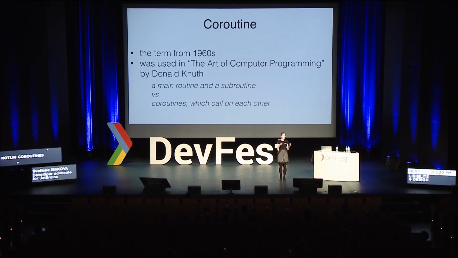At the very beginning, it was used to emulate asynchronous computation even when we don't have multiple threads. And now Kotlin just reuses this concept, and we now have it in the language.